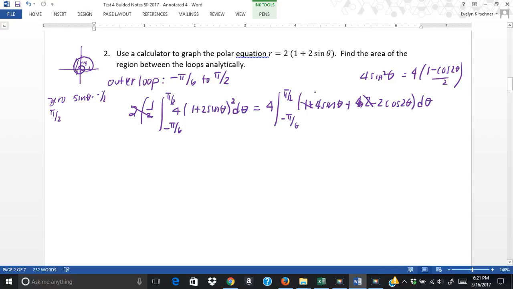And this becomes 3. So I have 4 times [3 theta minus 4 cosine theta, and then the 2 goes away, so minus sine 2 theta], and that's all from negative pi over 6 to pi over 2.